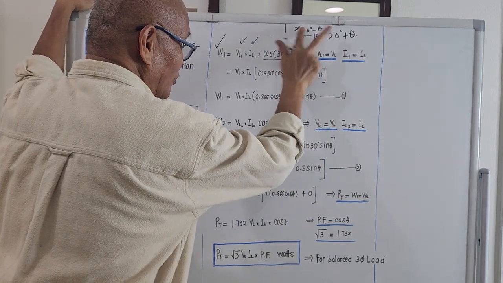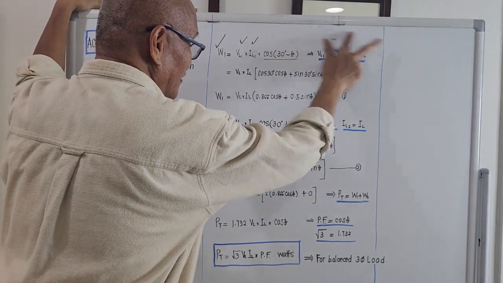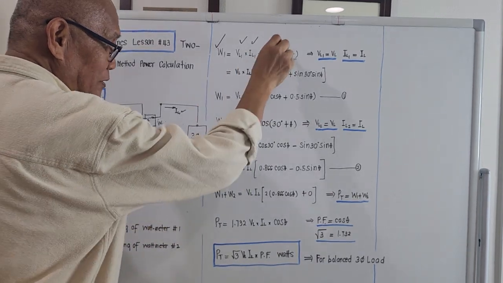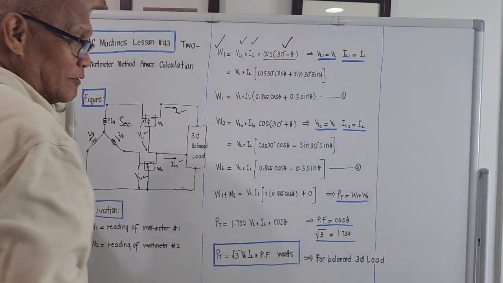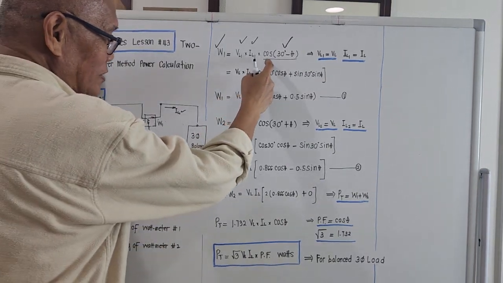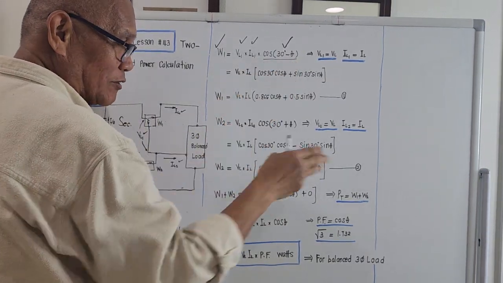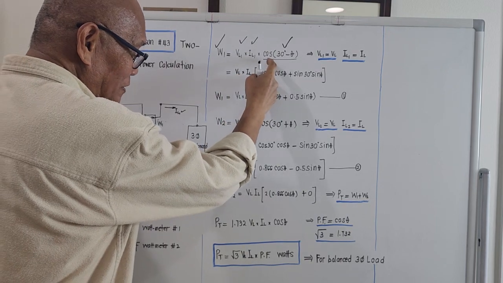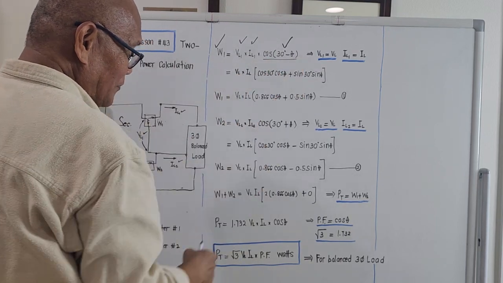This was derived by bringing out the vector diagram of the voltages and current. The power factor of wattmeter number 1 is the cosine of 30 degrees minus theta.